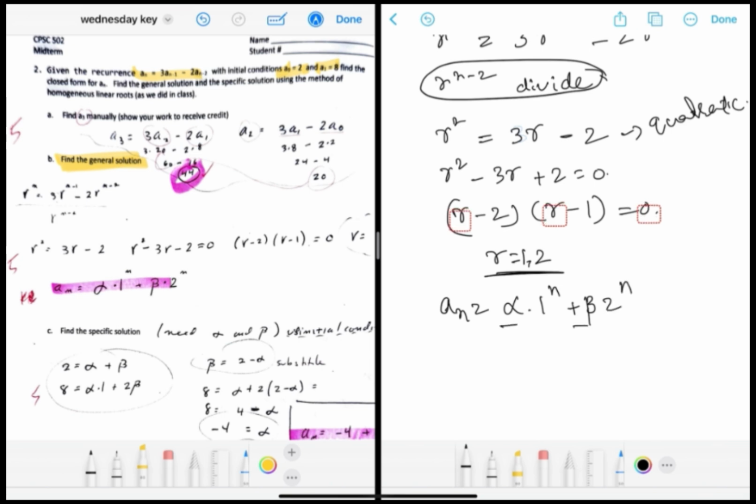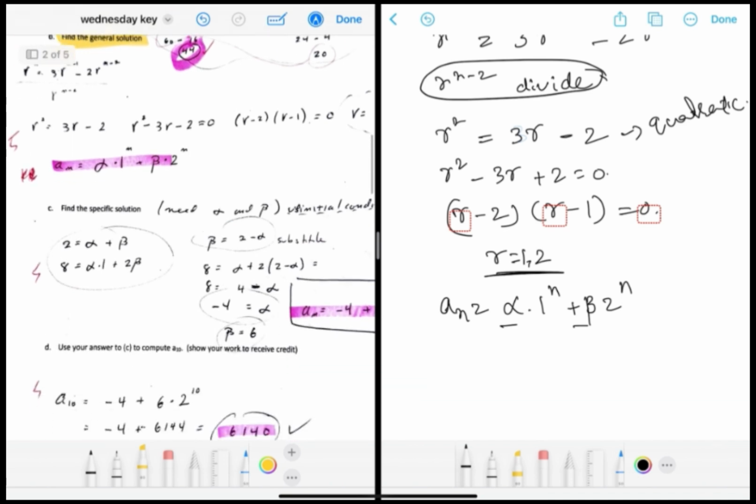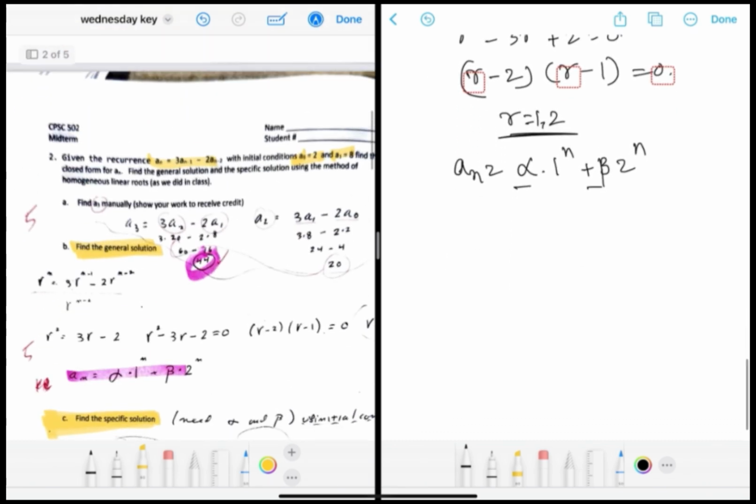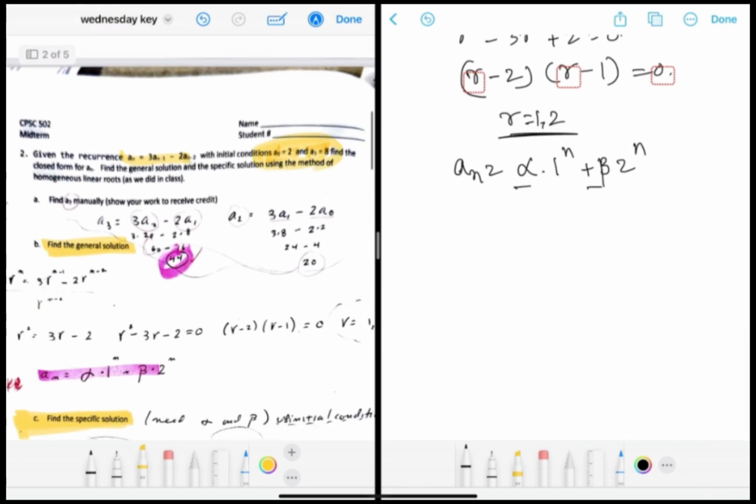If we have a few values of a_n, we'll be able to find the alpha and beta. That is what we call the specific solution, and we are going to do that for the next question. So here for the C question, we are doing the specific solution. From the question, we already have a_0 and a_1 values.